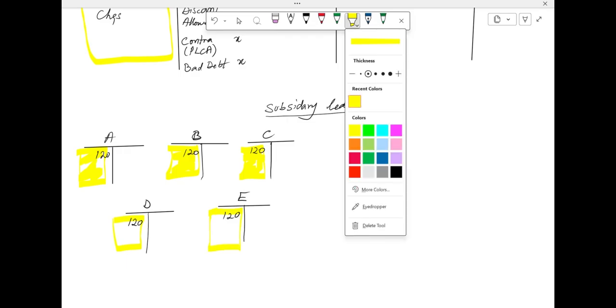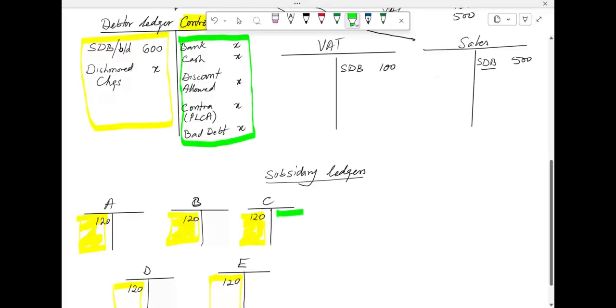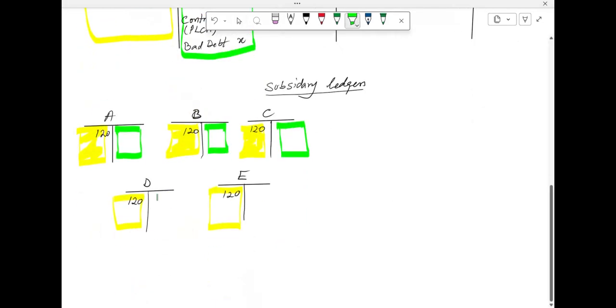And similarly, whatever appears on the credit side of the control account will appear on the credit side of individual accounts. As I said, individual accounts is simply a breakdown of the control account.